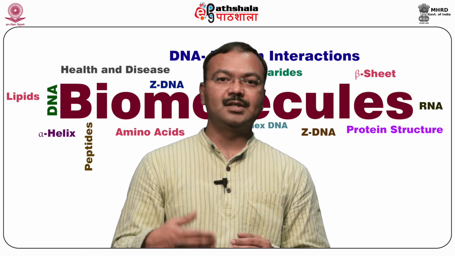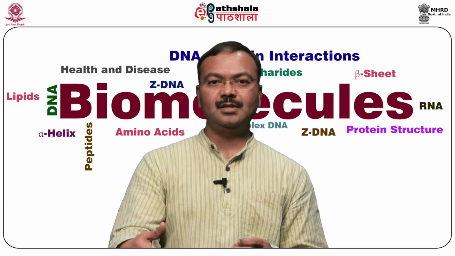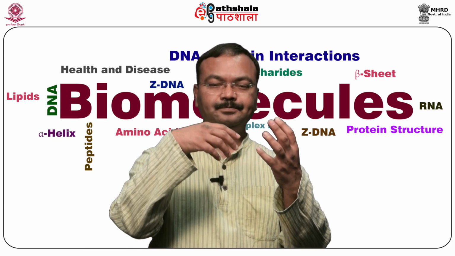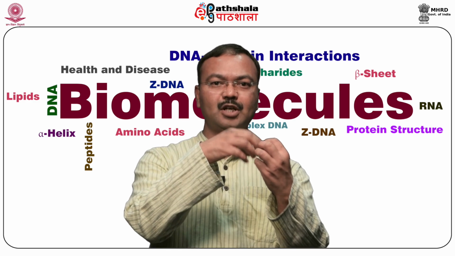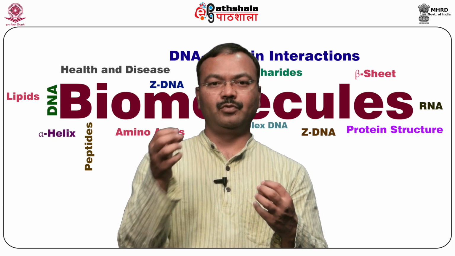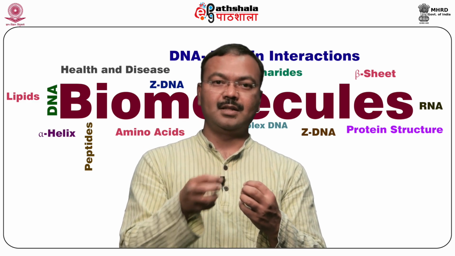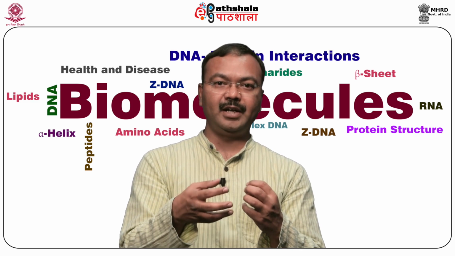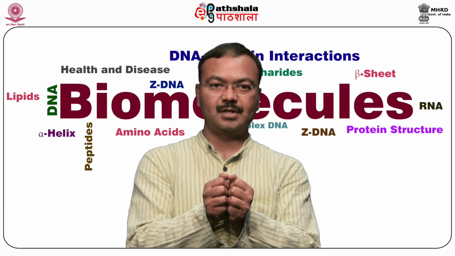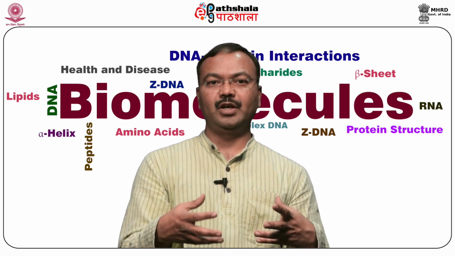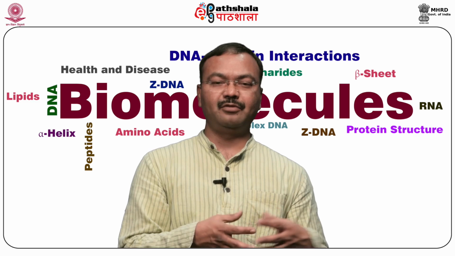You could do surface plasmon resonance, where you immobilize one protein and pass the other protein over it. With the surface plasmon resonance signal, we could understand whether the protein is binding or not, and this is more sensitive, so you could measure the binding affinity of these two proteins. Another way of studying protein interaction is ultracentrifugation.